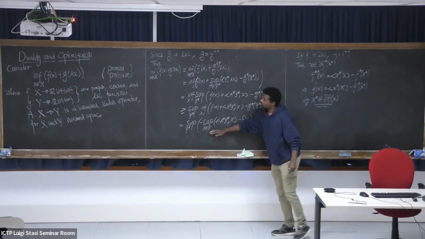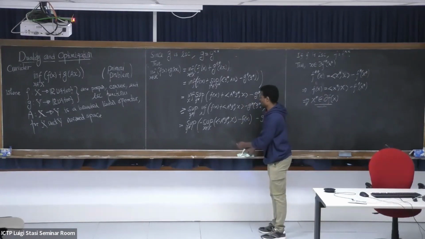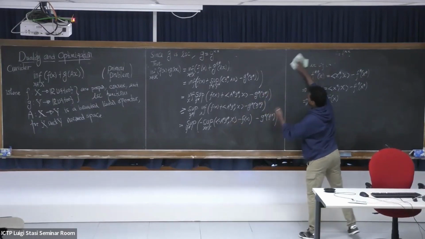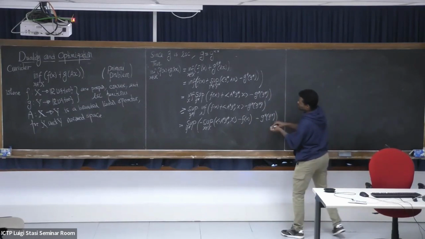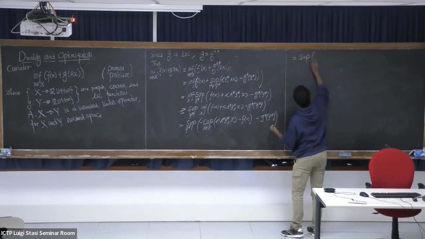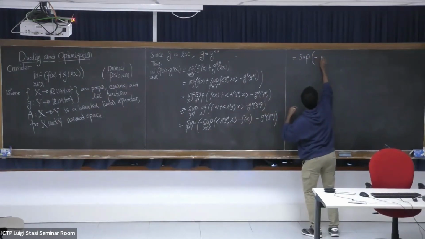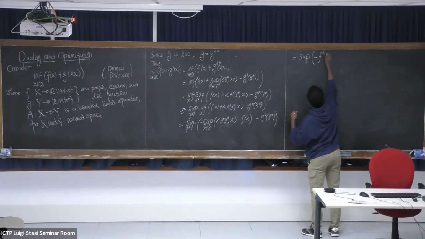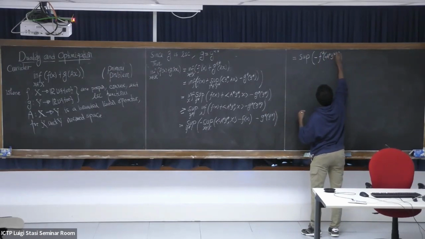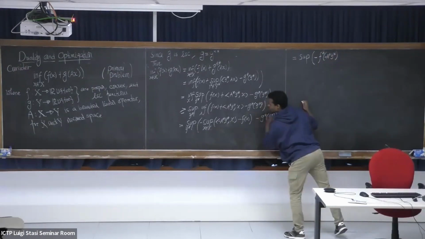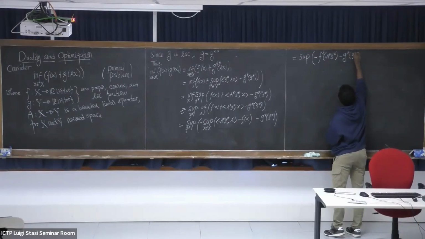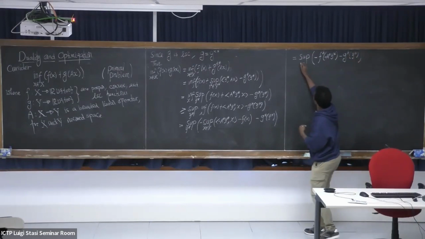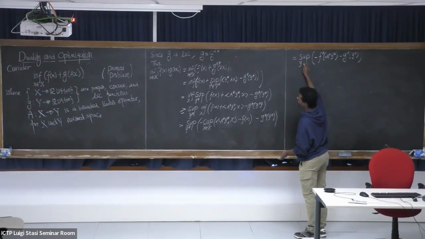This is f star of minus A star y star. And this is equal to the supremum of minus f star of minus A star y star, minus g star of y star, where y star is in Y star.